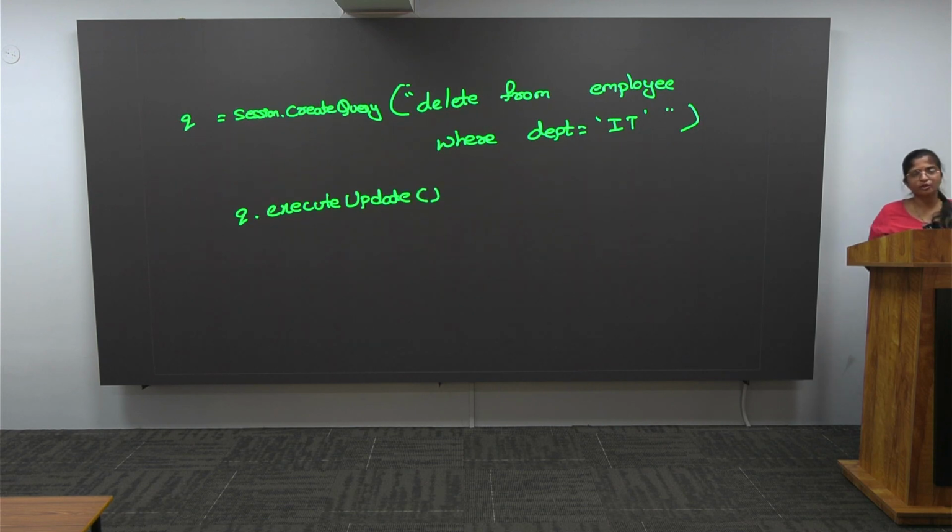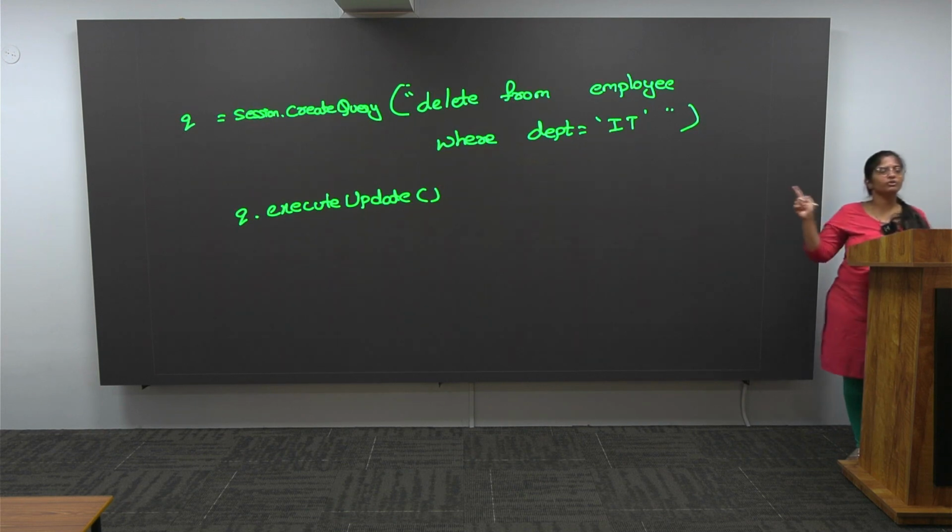When we called this execute update previously, whenever you want to update multiple records, we call execute update. Whenever you want to delete multiple records also, execute update only you need to make use of. Okay. So, it will return you an integer value which represents how many records got deleted.